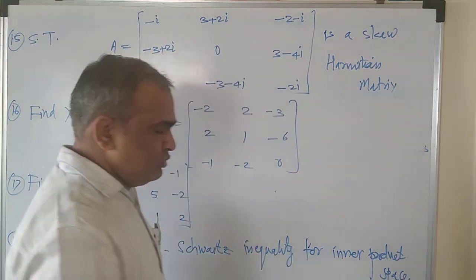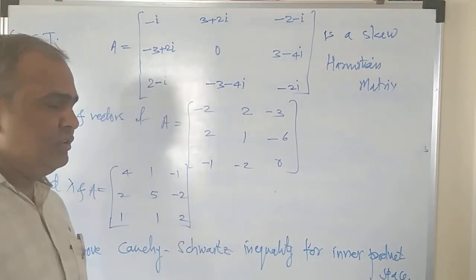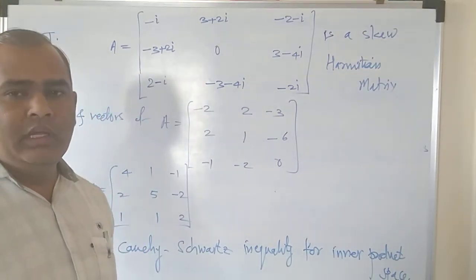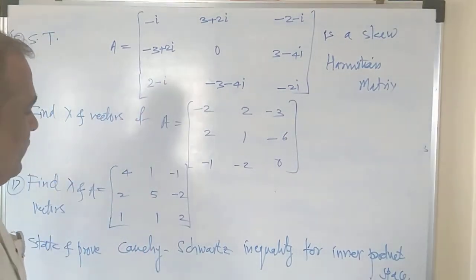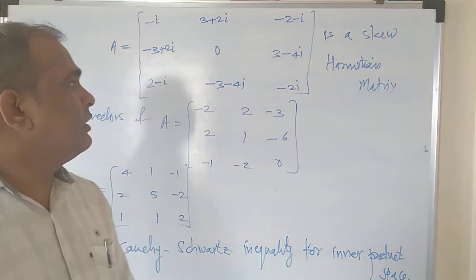This Cauchy-Schwarz inequality we haven't seen in the lecture. You are supposed to search for this Cauchy-Schwarz inequality in the inner product space in various reference books. You will get it. So these are the various problems for assignment number 2.